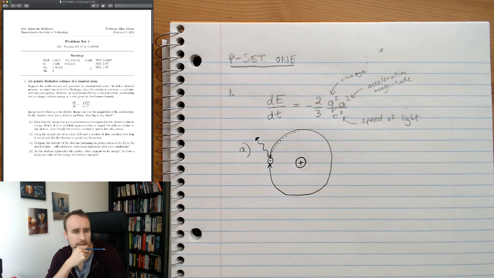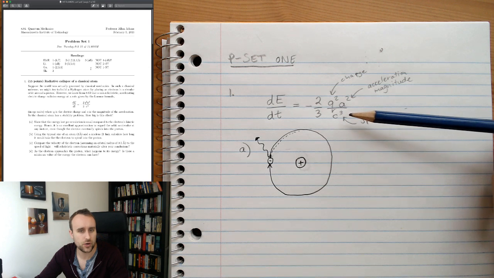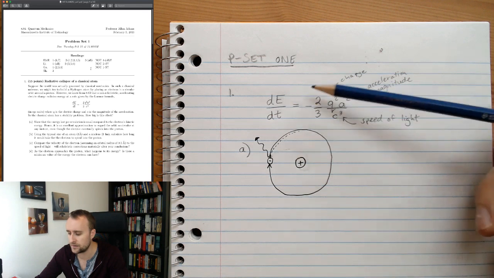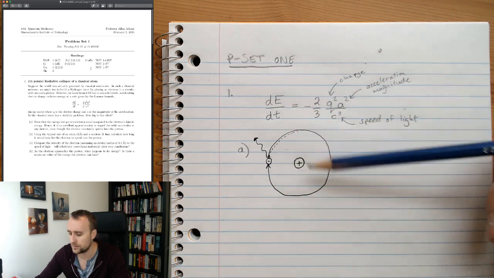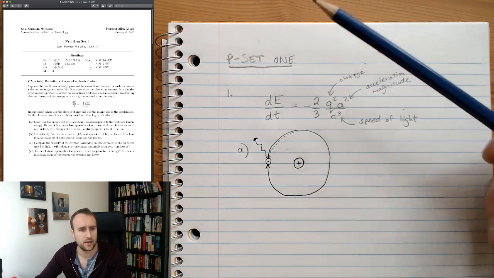I think the idea here is that this formula is going to show that the acceleration, the energy lost here, dE/dt, is the kind of change in kinetic energy of this electron. It's going down and down and down this well because it's radiating off light.